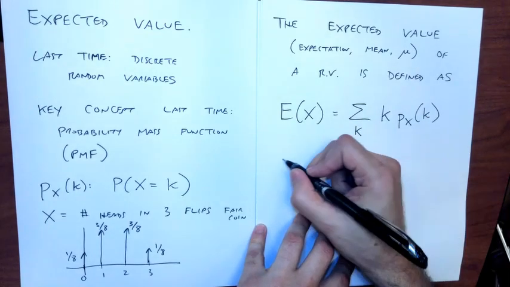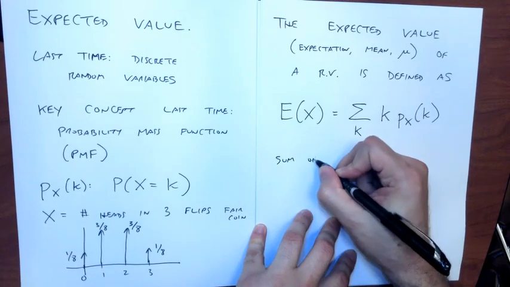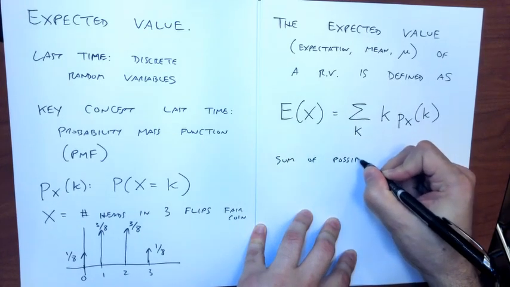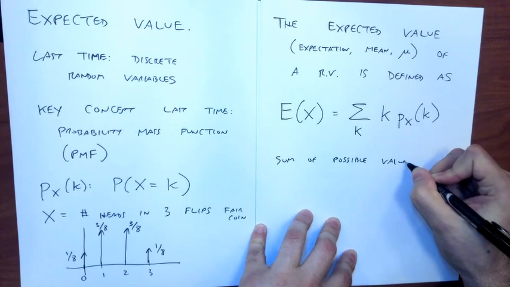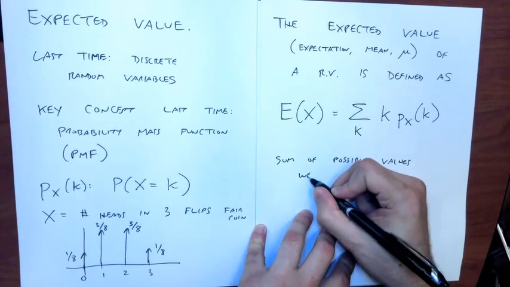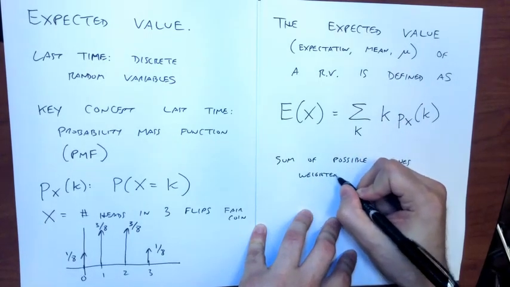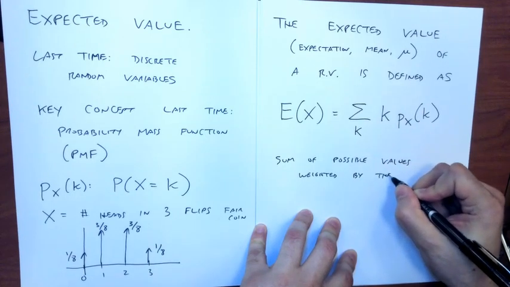So it's basically like the sum of the possible values weighted by their probabilities.